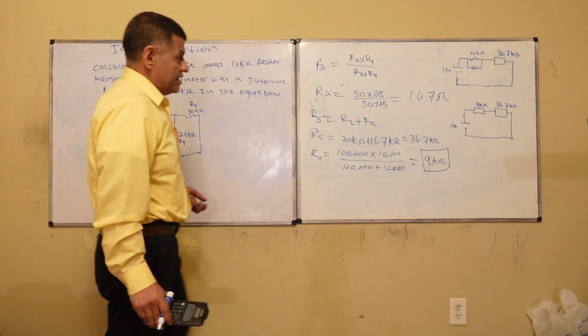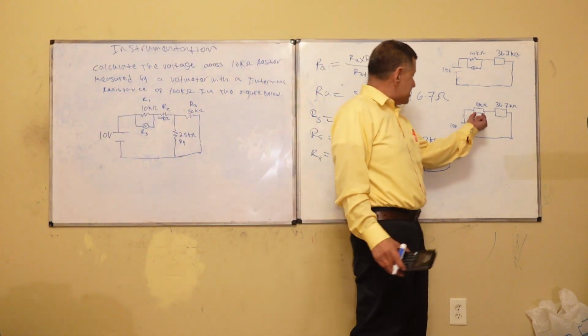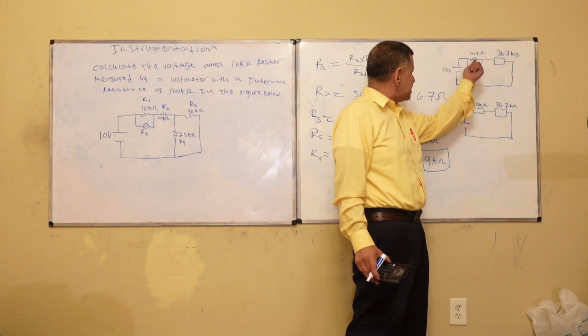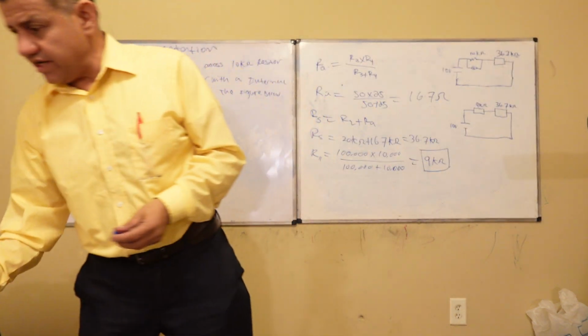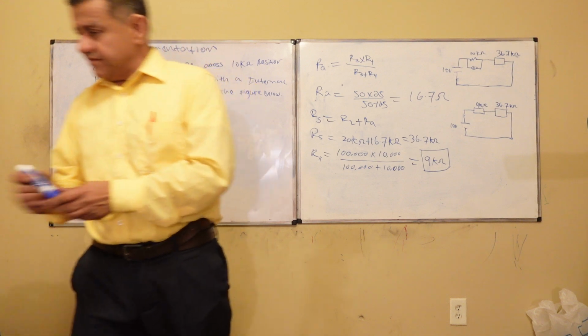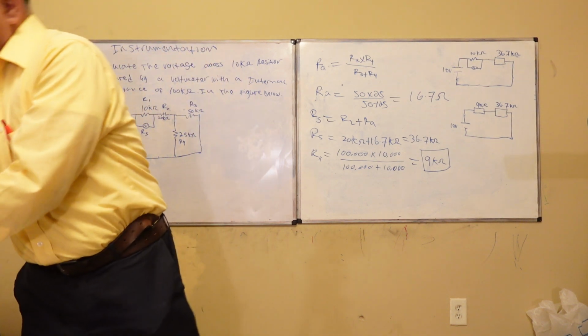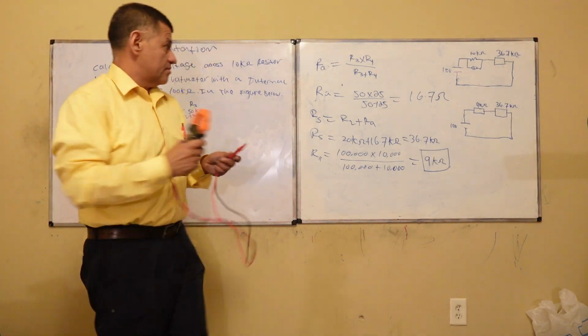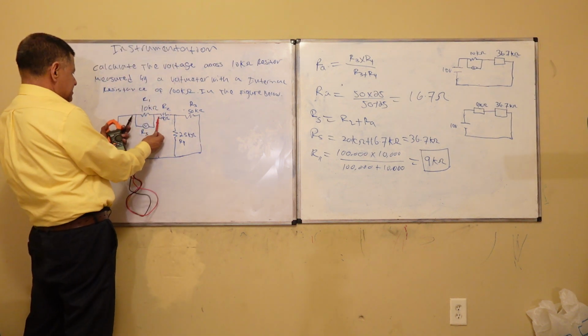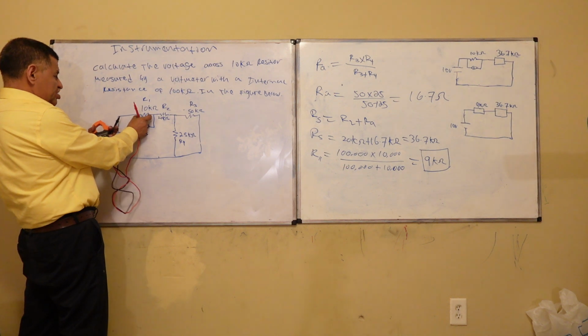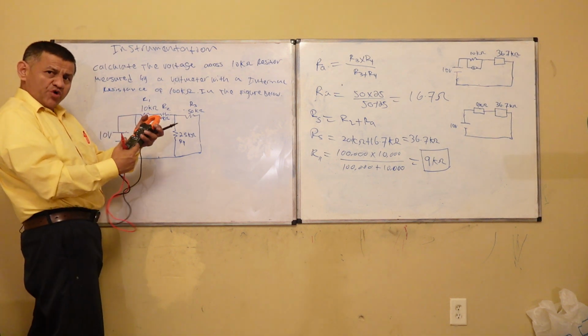So now what do I need to do? Simply take this, because the voltage across this is the same as the voltage across this. That's the purpose of using the meter, right? If I use the meter to test that, whatever voltage is going across the resistor is going across my meter.